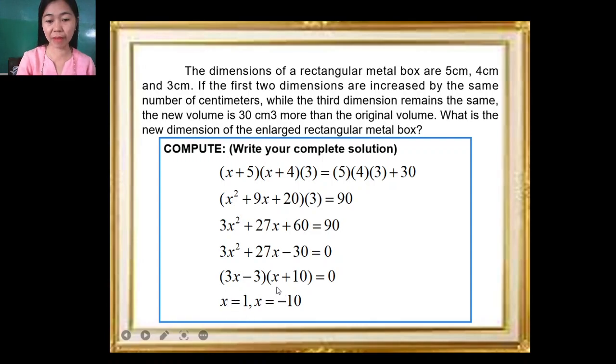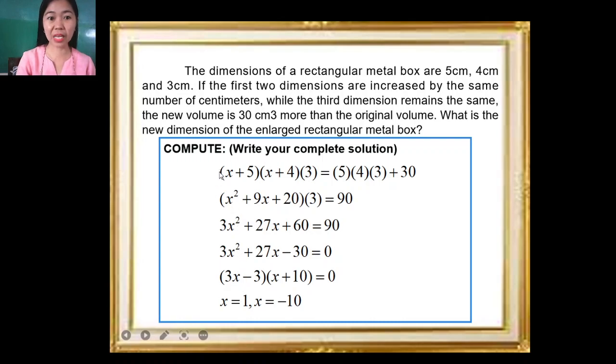Then, for the second factor, we have x plus 10 equals 0. This is equal to x. X equals negative 10. So, we have here two values of x. X equals positive 1 and x equals negative 10. So, in our equation, x represent the number of centimeter added to the first two dimension.